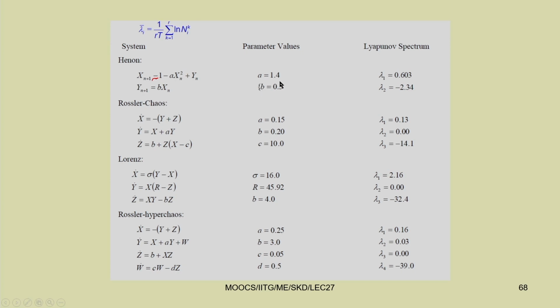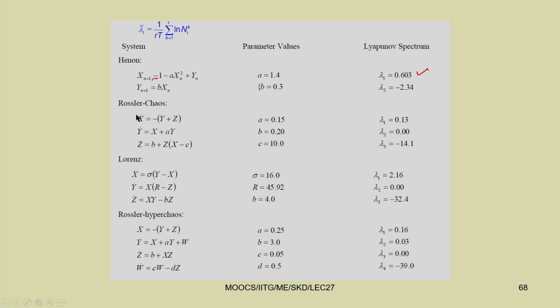For a equal to 1.4 and b equal to 0.3, one can find a chaotic response: lambda 1 equal to 0.603, which is positive, and the other is negative. Due to the presence of the positive exponent, this is a chaotic attractor.